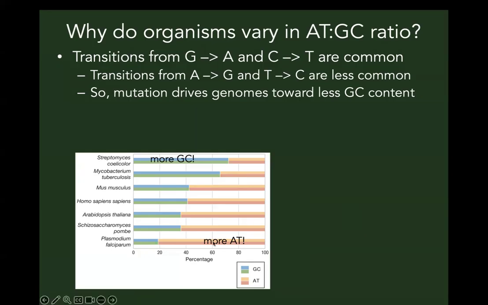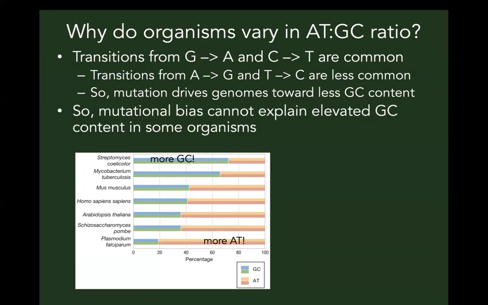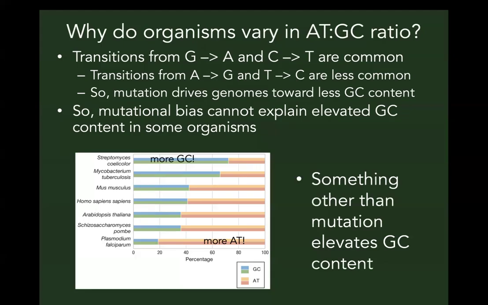But you can see over here, these guys have more G and C. So explain that, right? The mutational bias towards less GC content can't explain why some species have more GC than AT. So something other than the natural way that mutations happen must be elevating GC content.